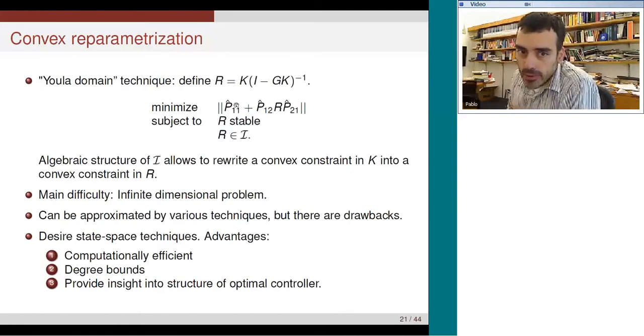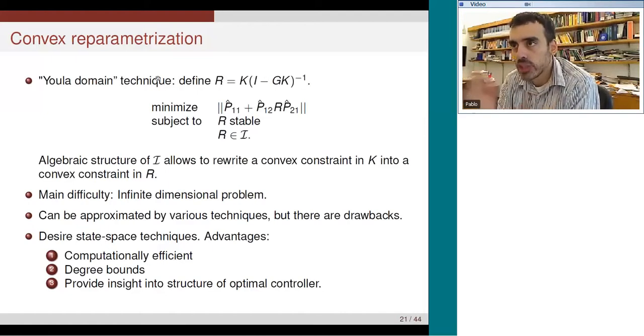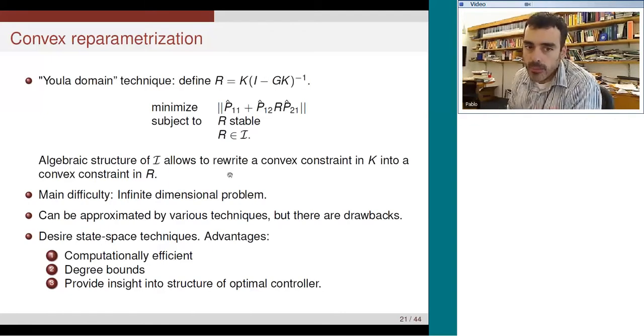So in the case where this has some nice algebraic properties, I can translate structure on K into structure in R. There's a bijection, if you want, between properties of a controller in K and properties of a controller in R. So we can rewrite a convex constraint in K into a convex constraint in R. So at least in principle, we can solve this.